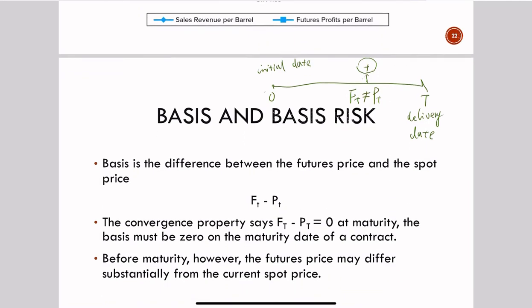The difference is called basis. On this delivery date, ft always equals pt, right? Because we have learned this convergence property. So basis has to be 0 on this delivery date. However, if it is not on the delivery date, then the basis could be non-zero.